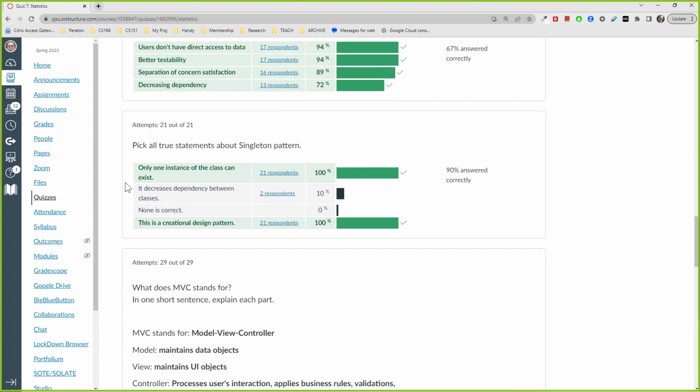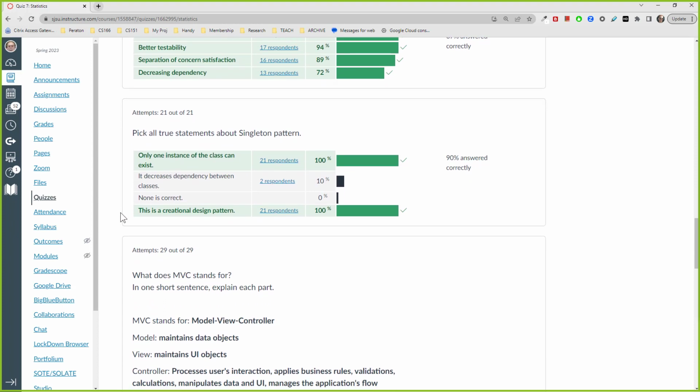Pick all true statements about the singleton pattern. Okay, very good: only one instance of the class can exist. That's the purpose of the singleton. It decreases dependency between the classes.